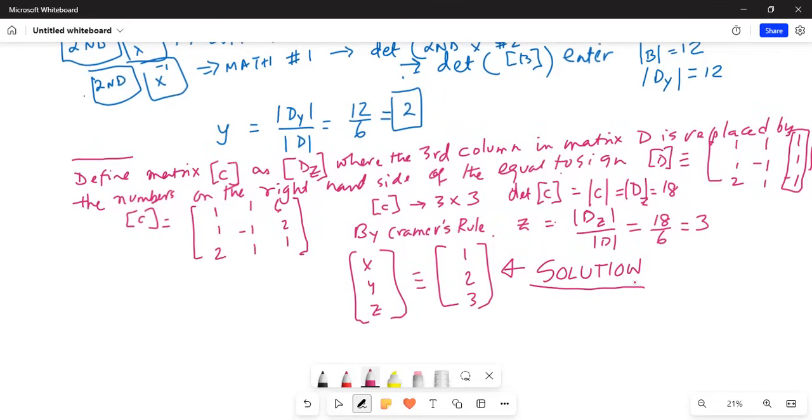And for Z, we replace the third column by the numbers on the right-hand side of the equal to sign. And we find determinant dx, dy, dz. So X is determinant dx divided by determinant D. Y is determinant dy divided by determinant D. And Z is determinant dz divided by D. So it's an elegant process, only takes some time in entering the number information in the calculator.